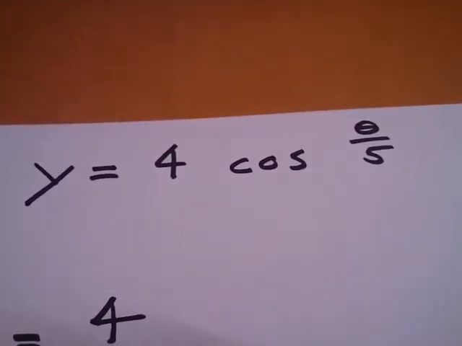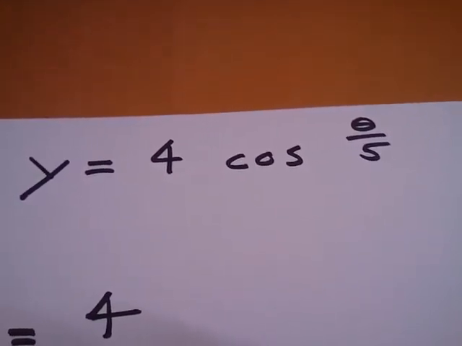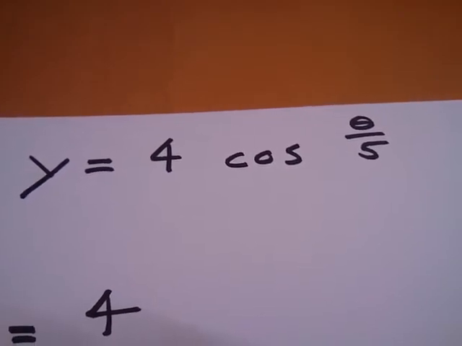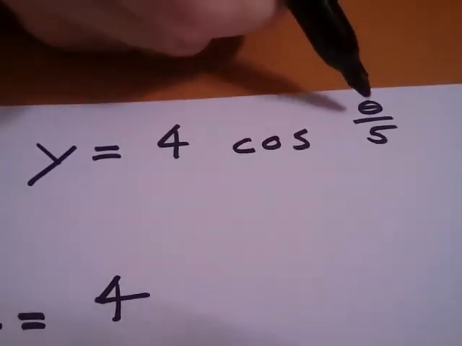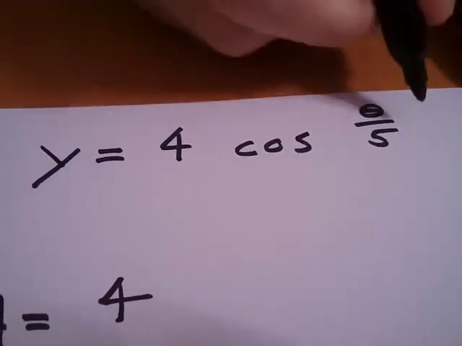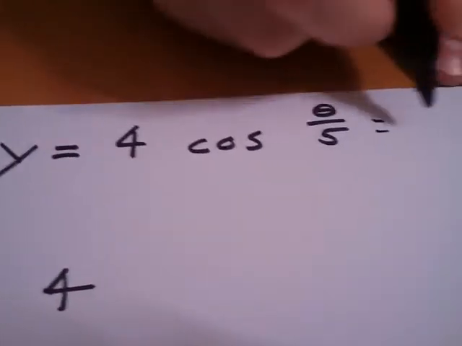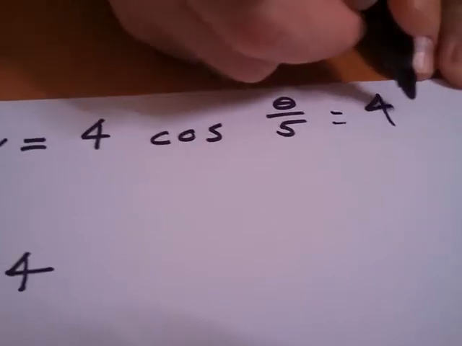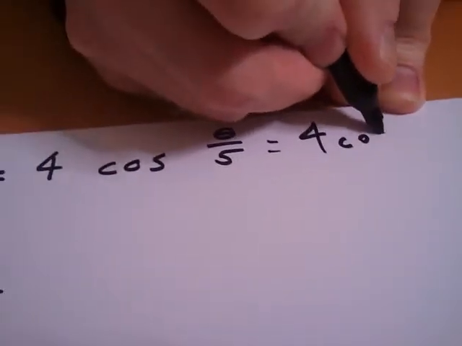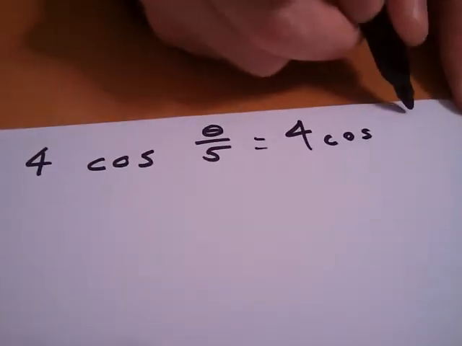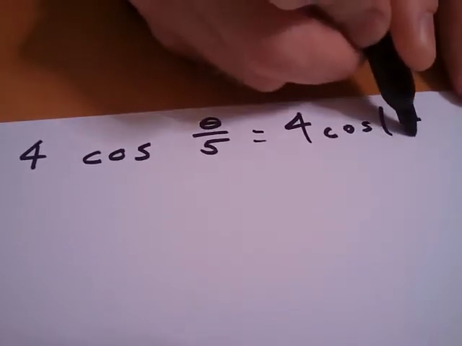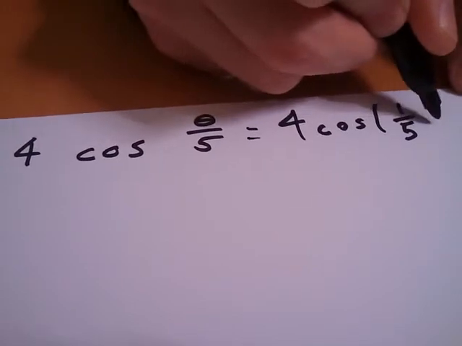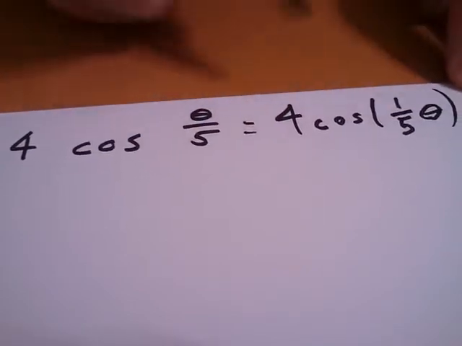What is the omega here? Be careful, because this omega is not 5. We're dividing by 5. And really we can rewrite this as 4 times the cosine of 1 over 5 times theta.